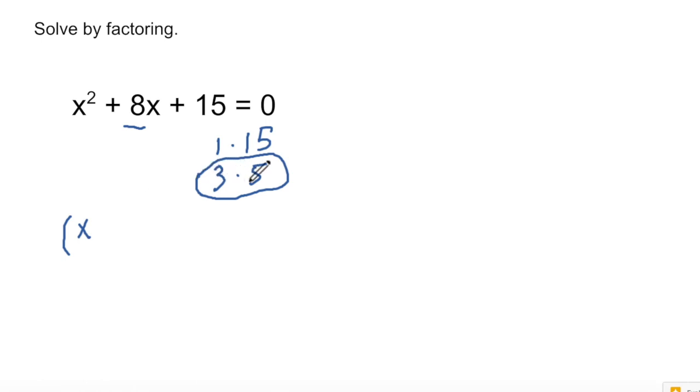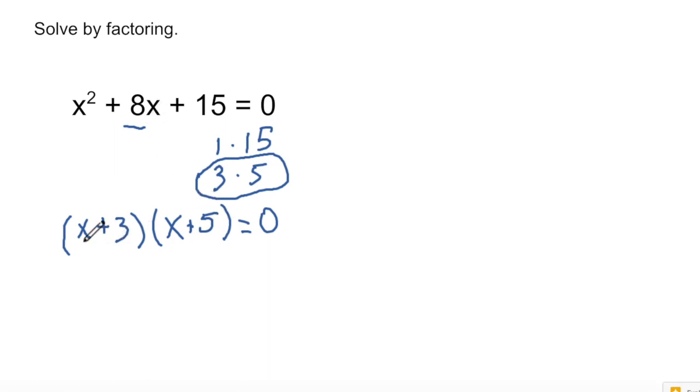So x plus 3 times x plus 5 is what we're going to write. So we've rewritten our quadratic equation as a product of binomials using this factor pair that we picked because those add up to 8.